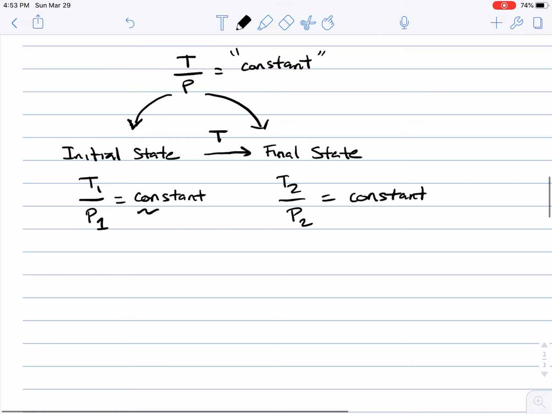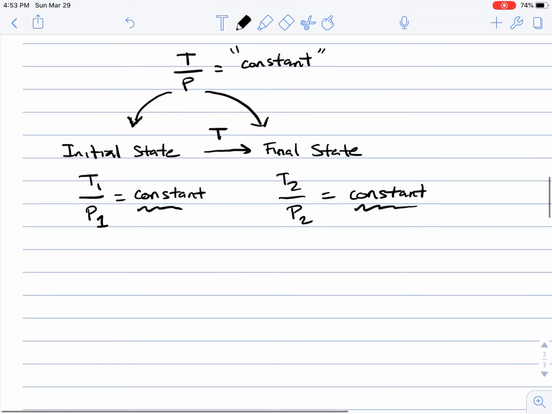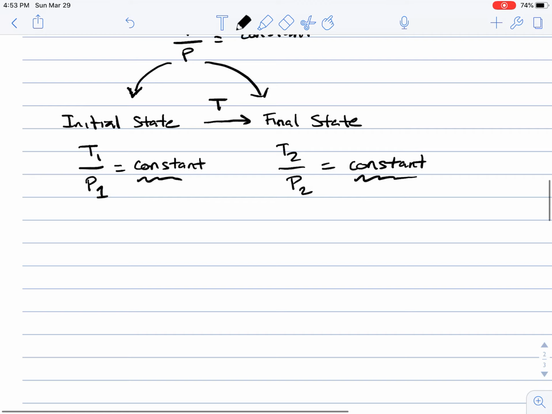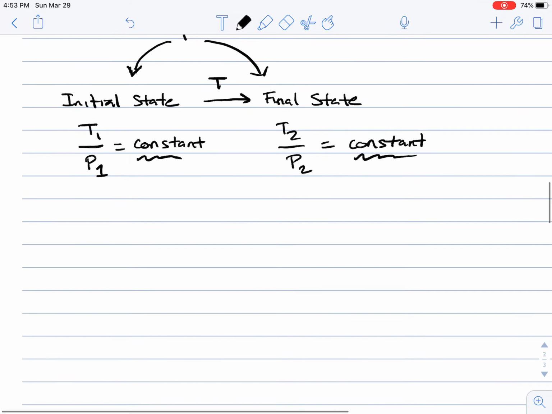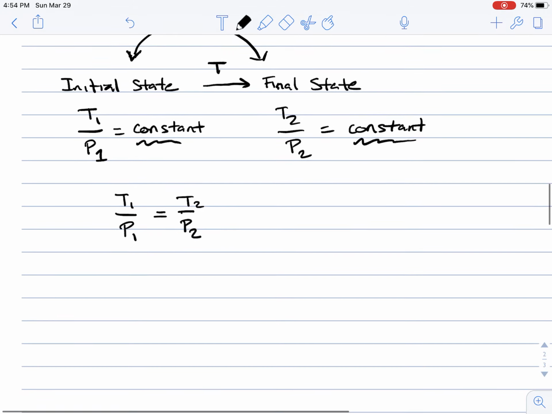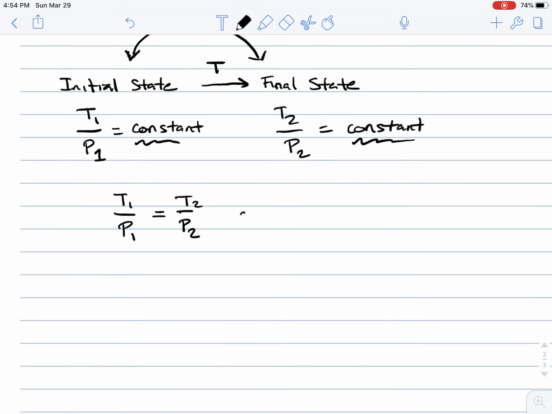And so since these constants are pretty much the same, we can go ahead and make them equal to each other such that T1 over P1 is equal to T2 over P2. Now, another way that you guys can see this form is basically its opposite, its reciprocal.